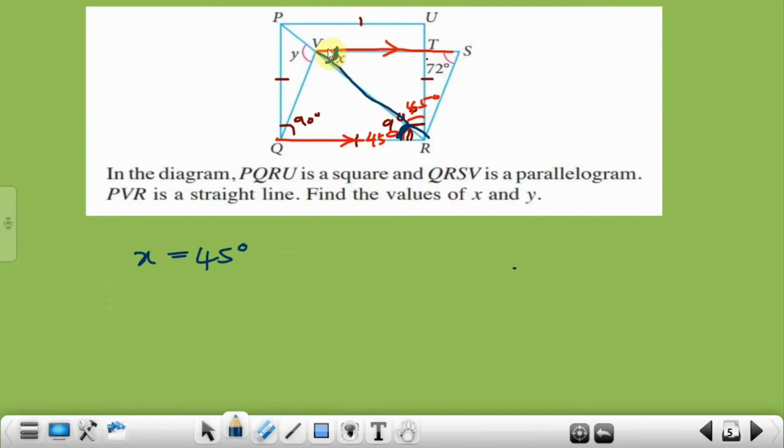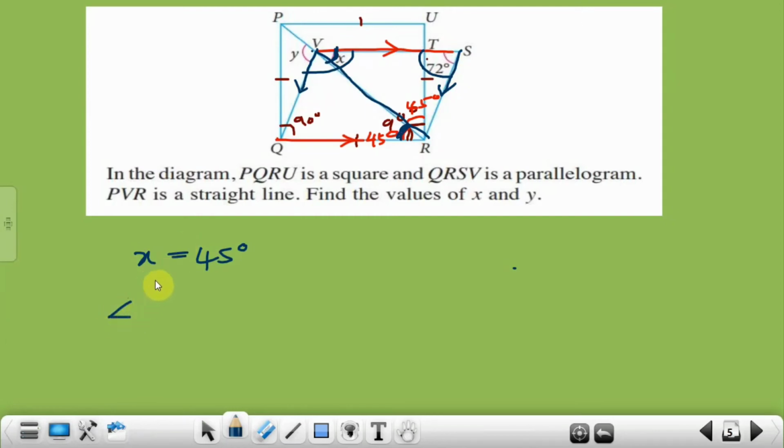Next, if you look here, this is also parallel to this. So when we have a line between these two parallel lines, the summation of these two is 180. This one plus 72 will be equal to 180.